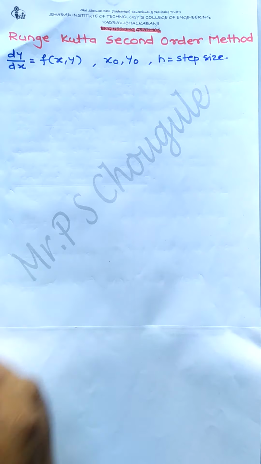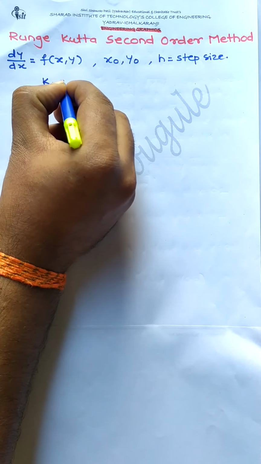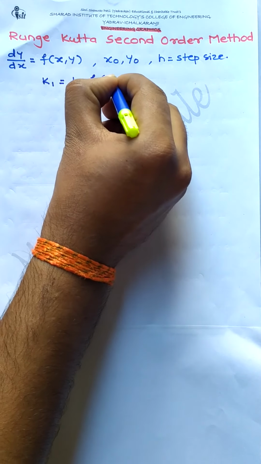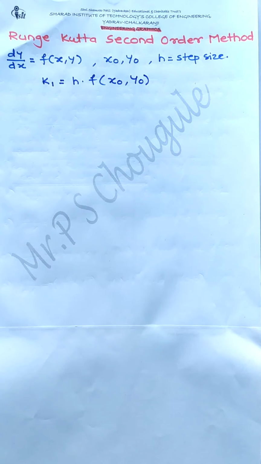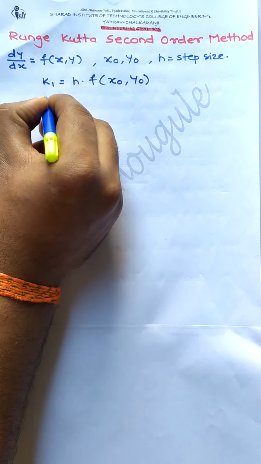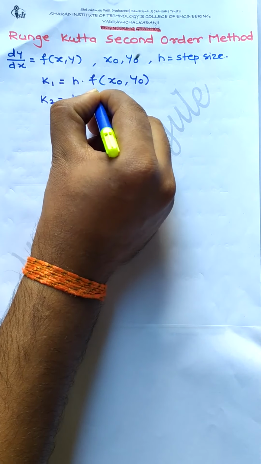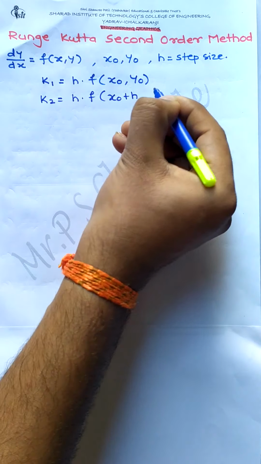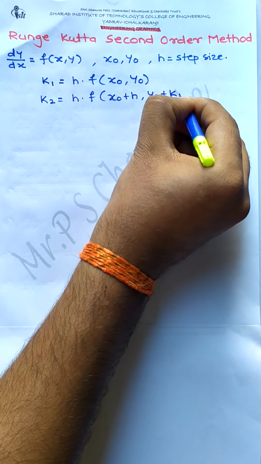Now to use the Runge-Kutta second order method, we need to find the weightage. I will consider here k1, which is equal to h into f of x0, y0, and the second weightage k2, which is equal to h into f of x0 plus h and y0 plus k1.